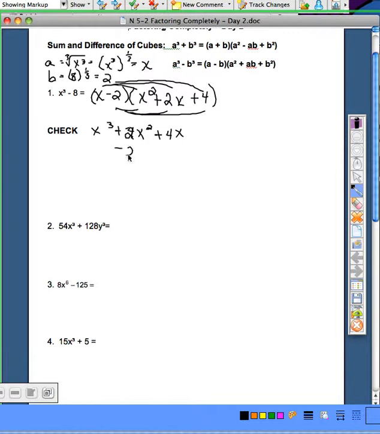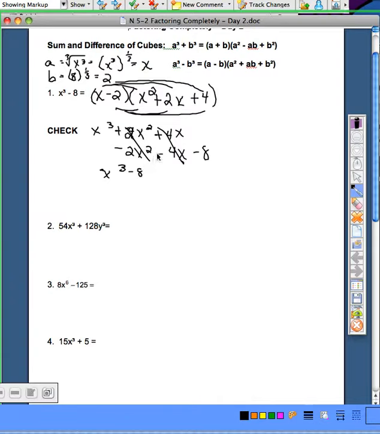So we have minus 2x squared, minus 4x, and minus 8. And you notice that these are going to add to be 0, so we're just left with x cubed minus 8. And so knowing that our factors multiply back to give us our original problem, we know that this is a valid factorization for a difference of cubes.